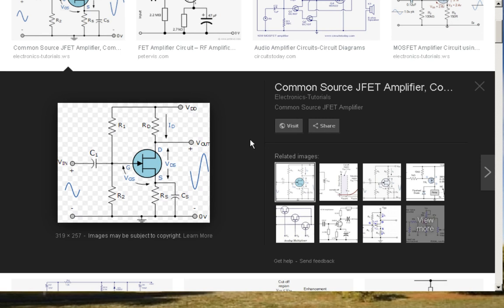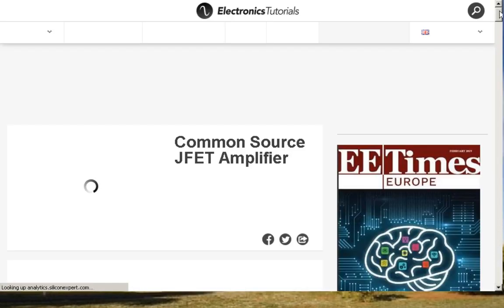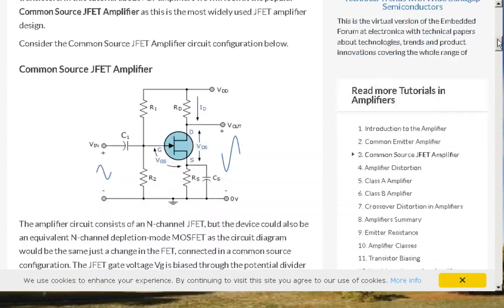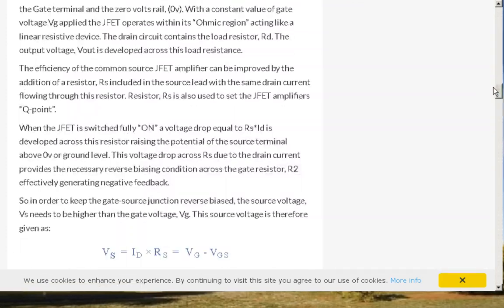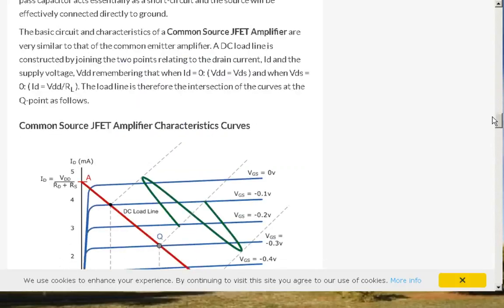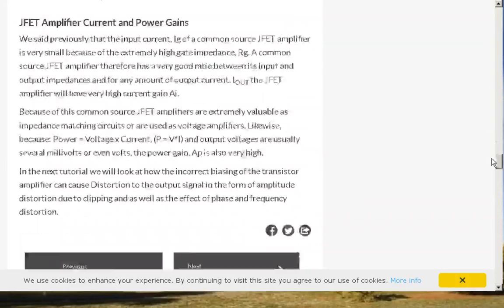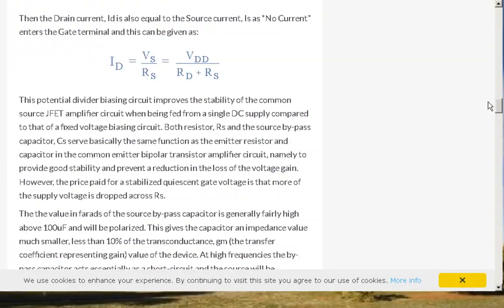All right, this is the amplifier I want to build for the FET. I thought there were some numbers here.